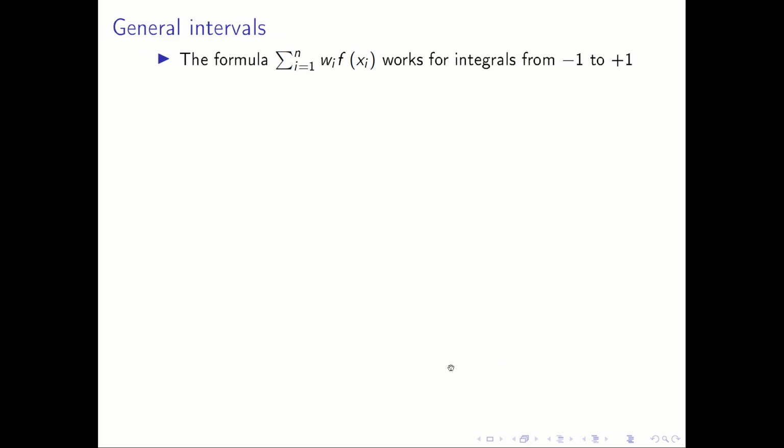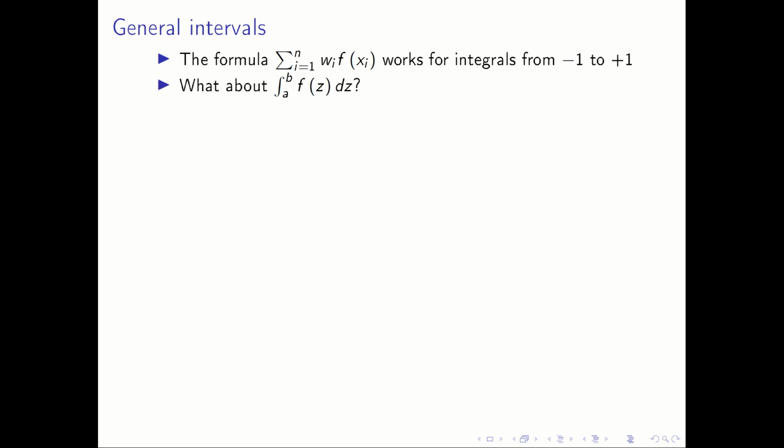Well, there's only one thing left, which is this. The formula that we wrote down, the sum of Wi f(xi) from i equals 1 to n, with the nodes and weights which we can read off from a table, works fine for integrals from -1 to +1. But what if we don't have integrals from -1 to +1?